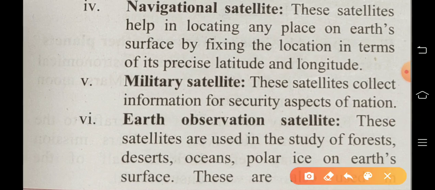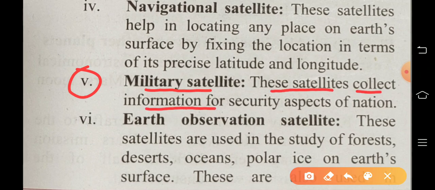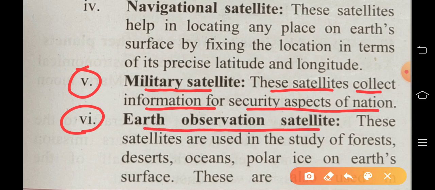Next one is the fifth type of satellite given here, military satellite. These satellites collect information for security aspects of the nation. In army, in navy, or in aircrafts, military satellite. Next, sixth type of satellite is given here, Earth observation satellite.